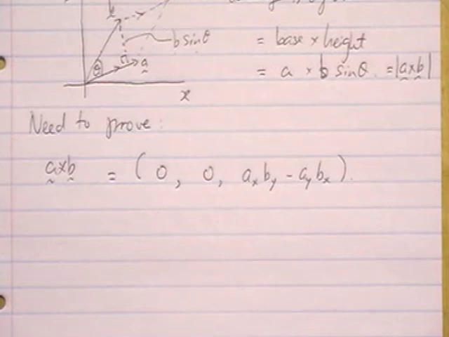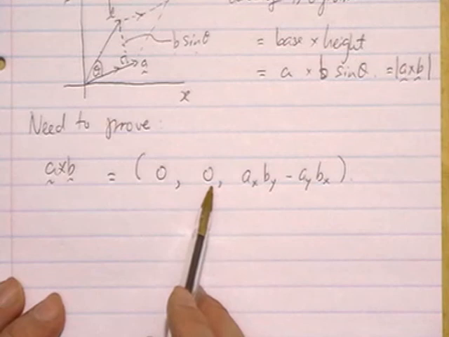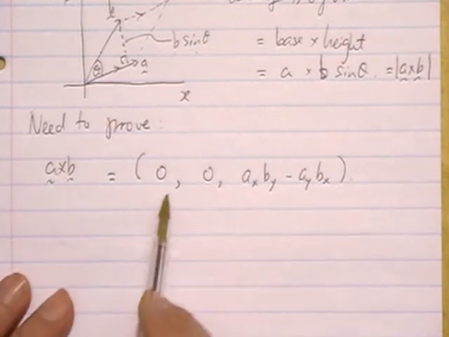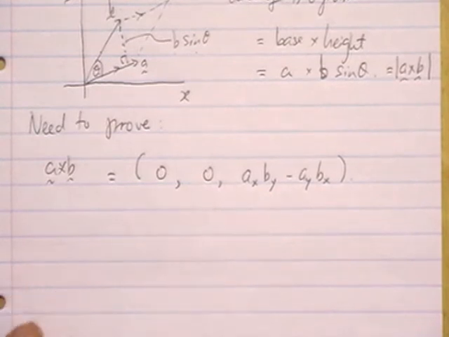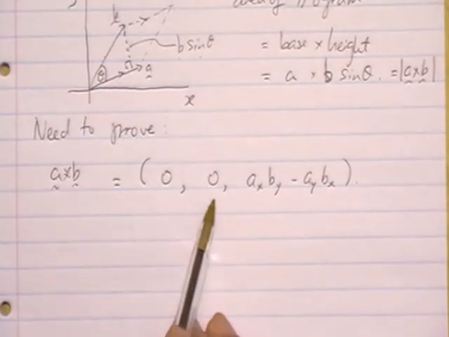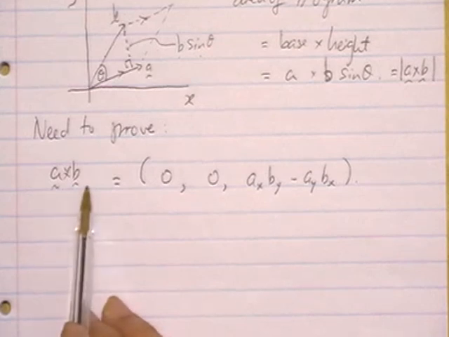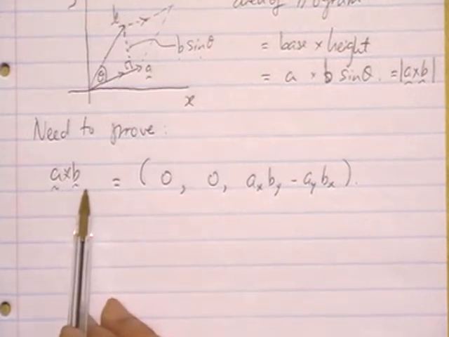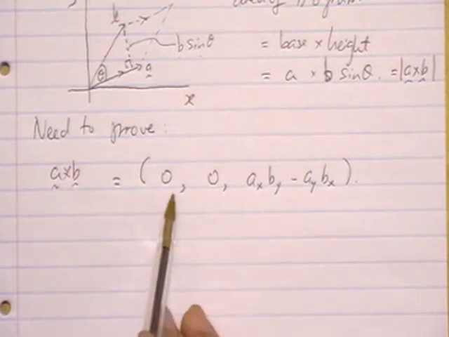And we already understand why those two components should be 0. In a sense, we have already proved that these two are 0.